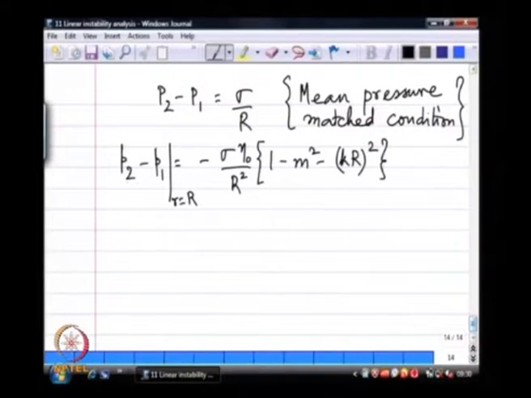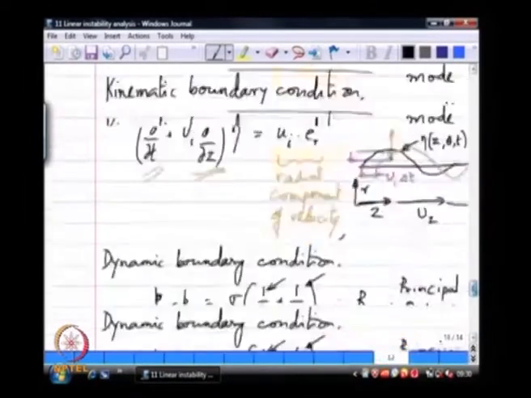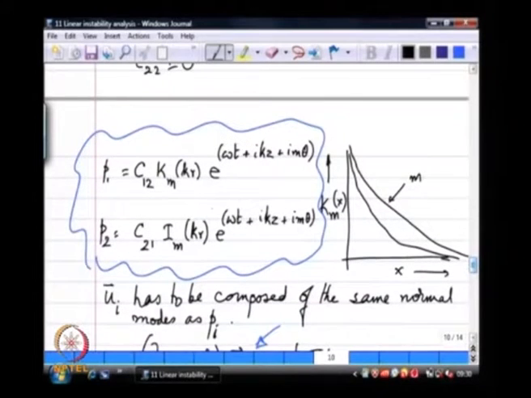So, I can take the P2 and P1 forms that we saw here, evaluate them for the condition that this lowercase r equal to capital R. That gives us the pressure inside fluid 2 and fluid 1 at the coordinate r equal to capital R.